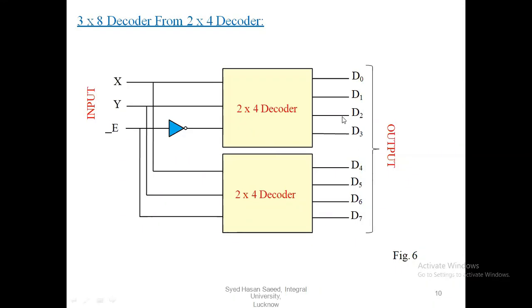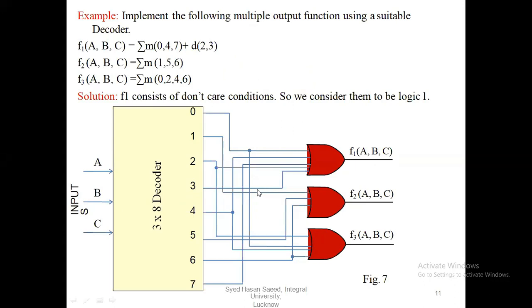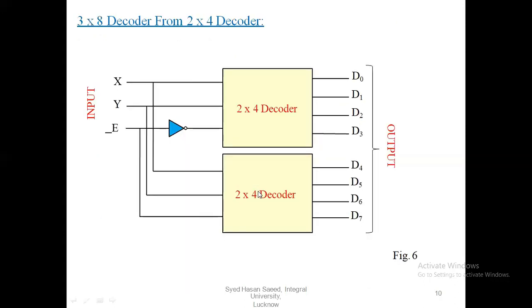To replace, as I said, the 4 by 16 decoder by using two 3 by 8 decoders. That means here a 3 by 8 decoder, and here also a 3 by 8 decoder. So here 3 inputs, that is X, Y, Z. Next, here an enable input comes again.